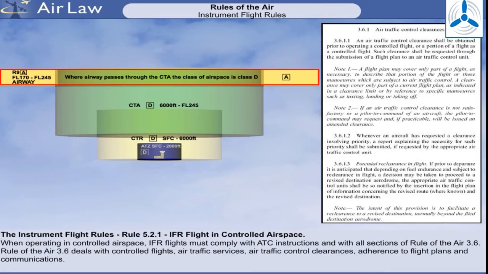When operating in controlled airspace, IFR flights must comply with air traffic control instructions and with all the sections of Rule of the Air 3.6. Rule of the Air 3.6 deals with controlled flights, air traffic services, air traffic control clearances, adherence to flight plans, and communications. Rule of the Air 3.6 is covered by separate lessons in this CBT course.